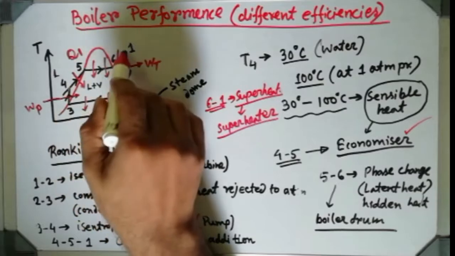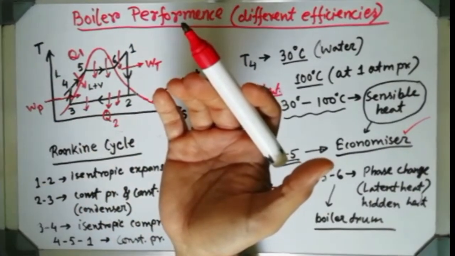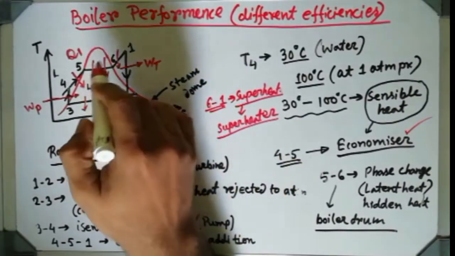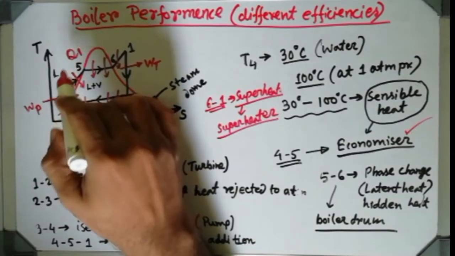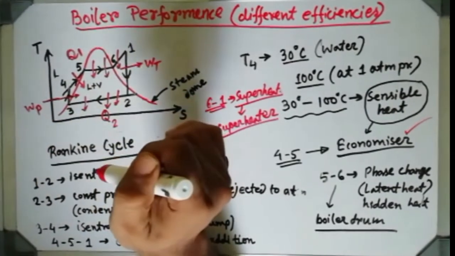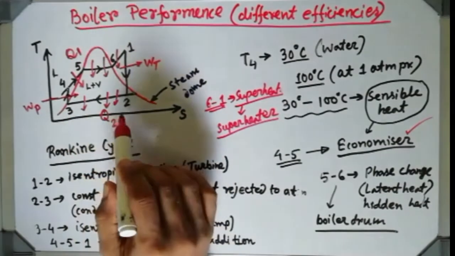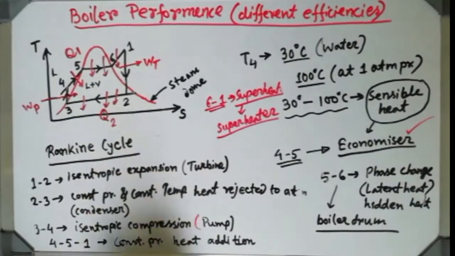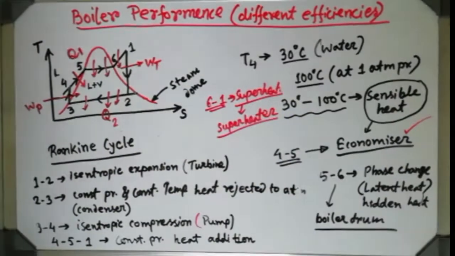This whole process is a heat supply process. And from where is the heat being supplied? Only from the combustion of fuel. So the amount of heat supplied to the cycle is Q1, done from point 4 to point 1. And the heat rejected is completed in process 2 to 3, and that is represented by Q2. So Q1 is heat supplied, Q2 is heat rejected.